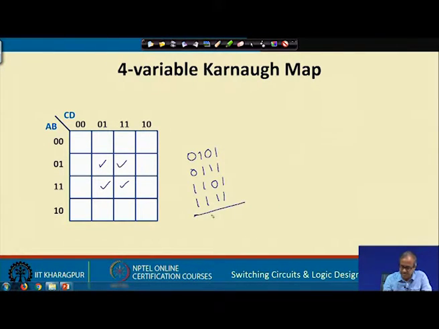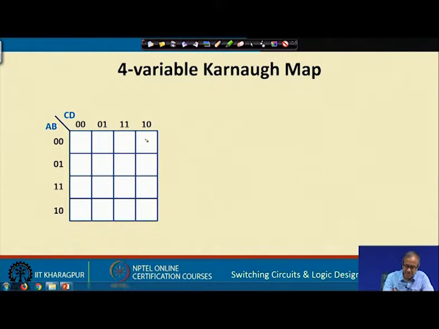So, you see here the second and the fourth variables are the same, 1, but the first and the third variables, which is a or c, they are changing. So, if you form a cube out of these 4, this will correspond to b and d. The minimized form will be only b d; a and c will be cancelled out.